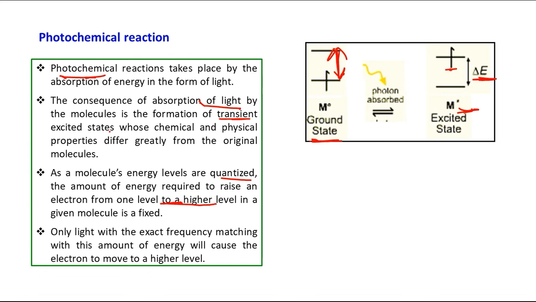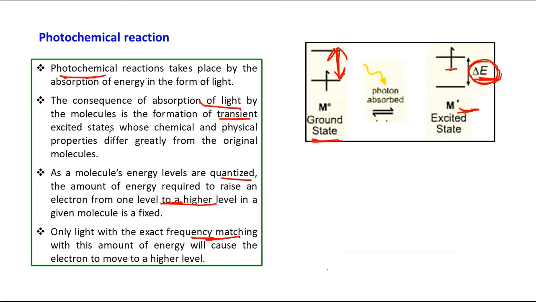Only light with the exact frequency matching this delta E value will cause the electron to move to the higher energy level.